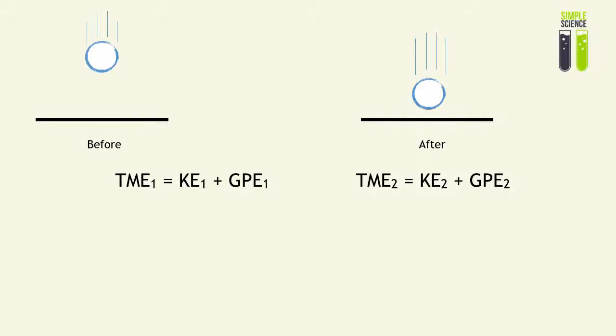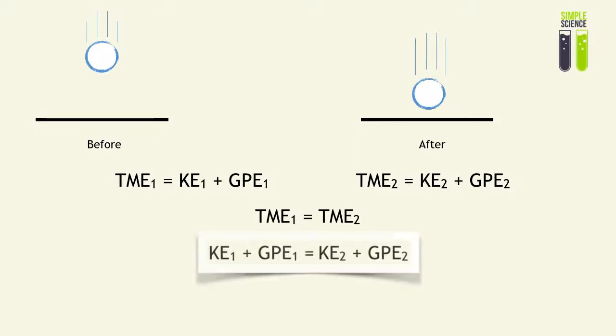This is the same system, and I'm assuming there are no external forces acting on the body except its weight. So this makes TME1 equal to TME2. If you equate that, you get a very convenient and easy formula that you can use in almost any situation: KE1 plus GPE1 equals KE2 plus GPE2.